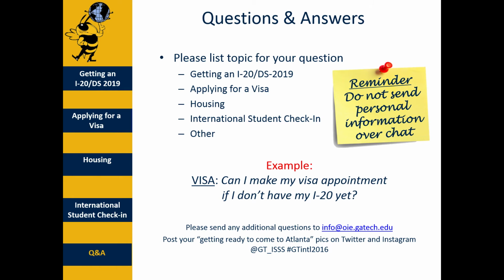In addition to that, you can go to the main Georgia Tech Health Center's website, which is health.gatech.edu. There's a tab at the top of that website that says insurance. You can click on that, and within those pages you'll find the brochures and all of the detailed information that you'll need about the international student health insurance.